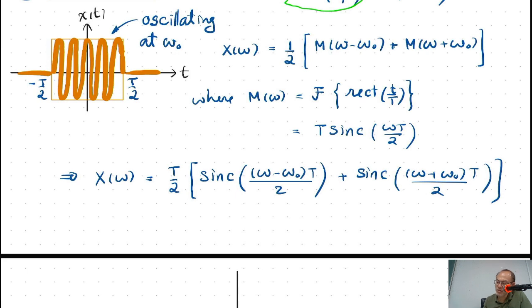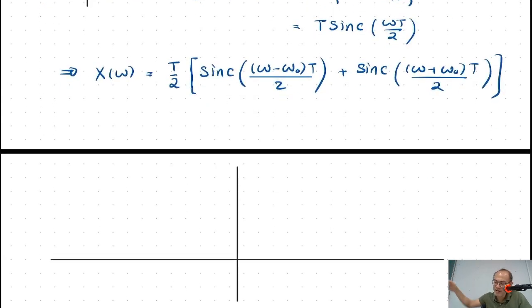So the first thing that you have to realize is what is the plot of a sinc signal. A sinc signal is kind of like a dying cosine, a dying sine. So the sinc signal actually is this one.